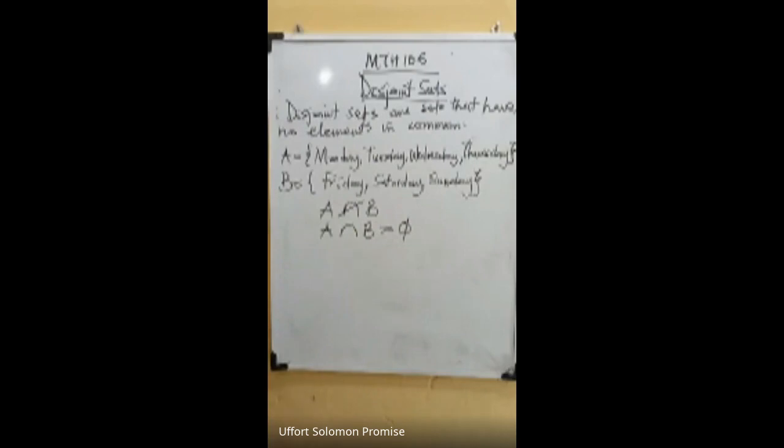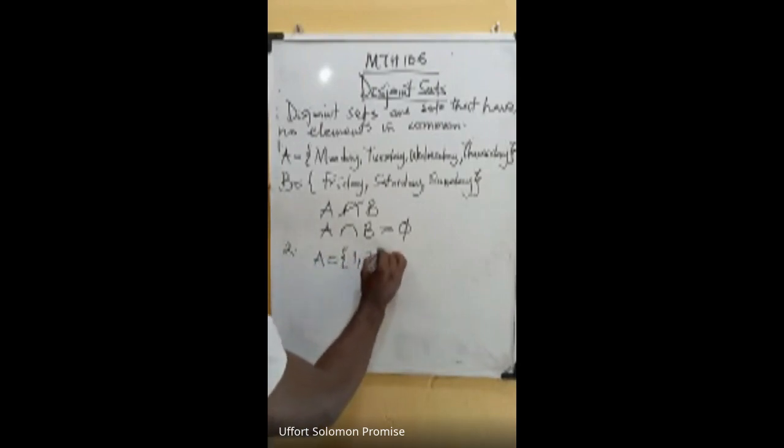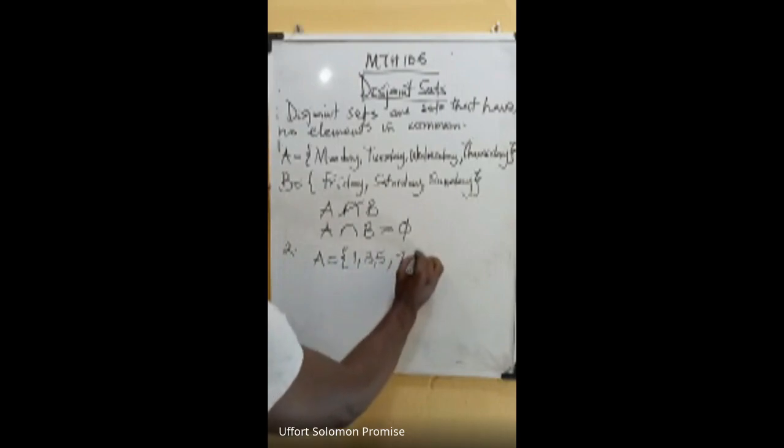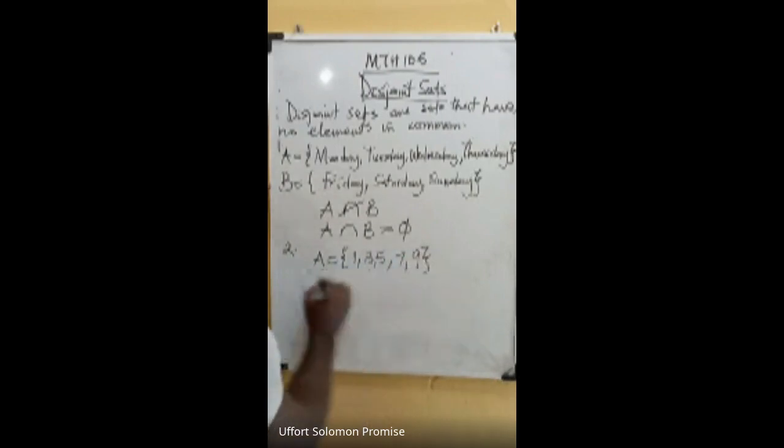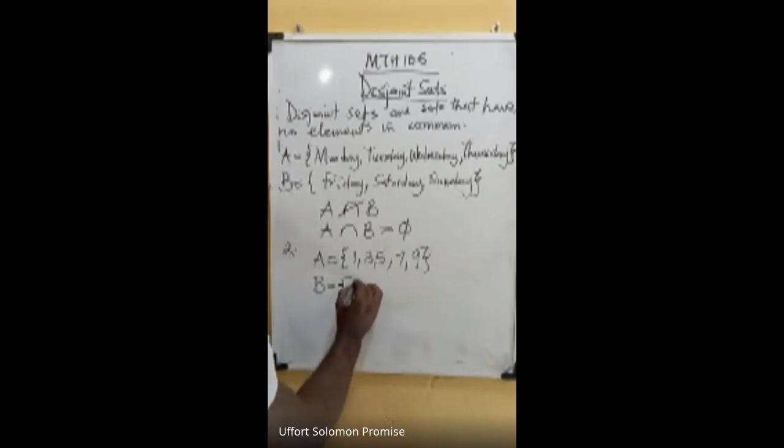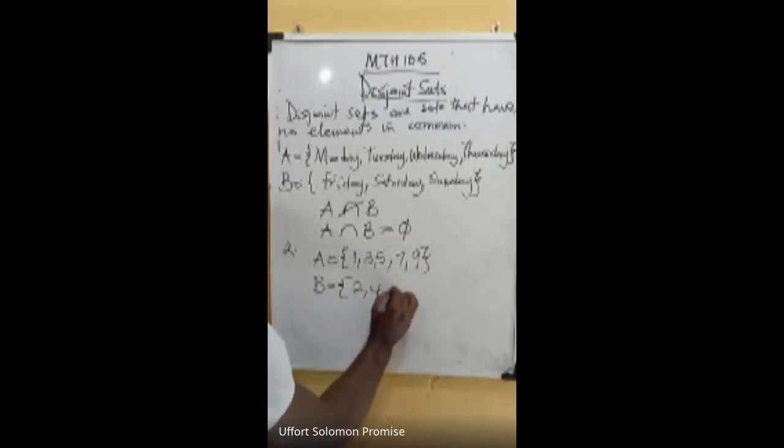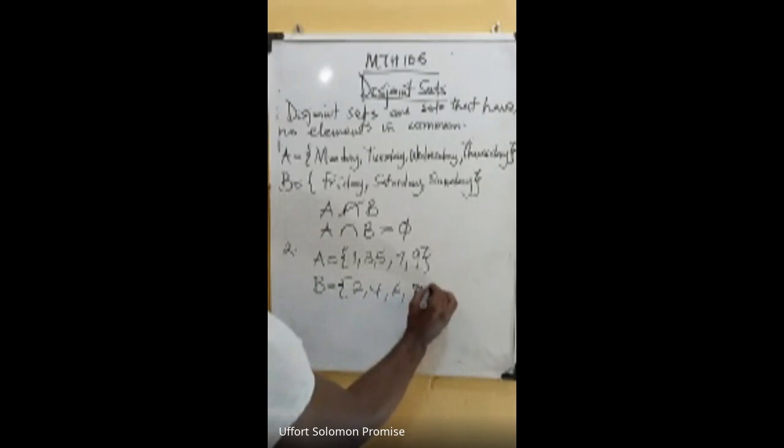So let's take another example. I call this 2, I call this 1. If we have set A with the following elements: 1, 3, 5, 7, and 9. And we also have another set B with these elements: 2, 4, 6, 8, and 10.